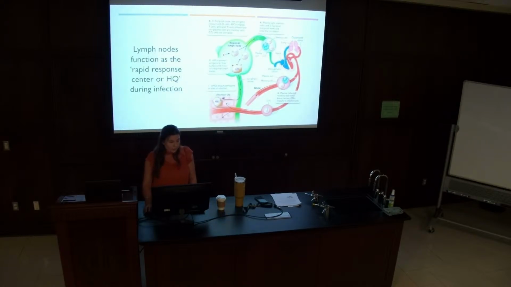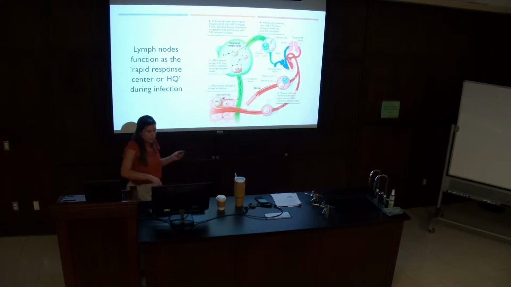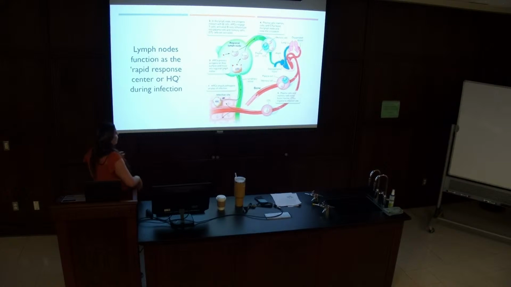So once again, lymph nodes function as the rapid response center or the headquarters during infection. So another way to show you this, here we have the antigen presenting cell that's engulfing the pathogen at the site of infection. And so then these antigens and antigen presenting cells can then enter the lymph nodes or lymphatic vesicles and then present the antigens on their surface and move into lymph nodes where T cells and B cells are.